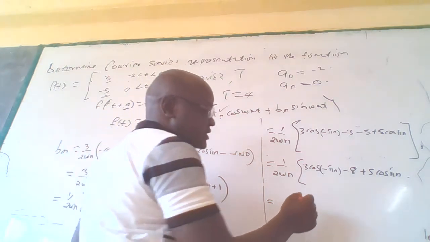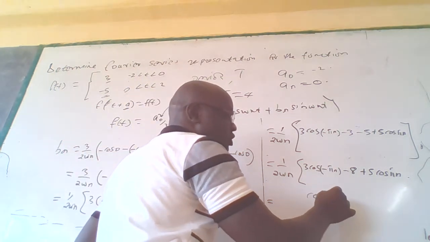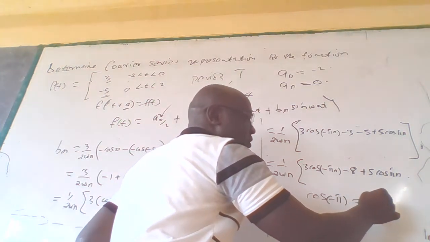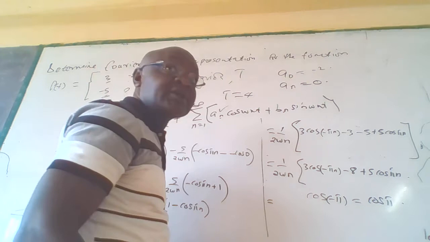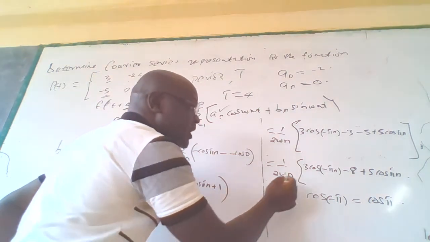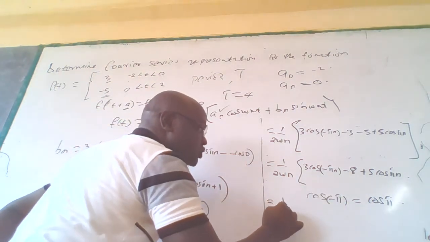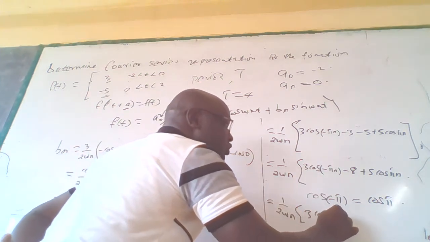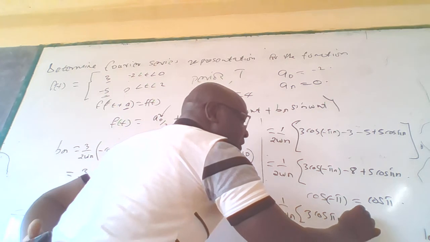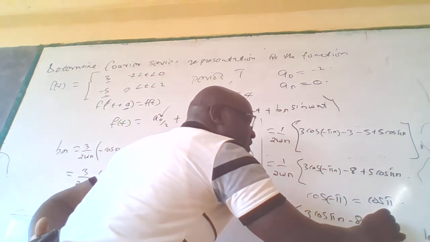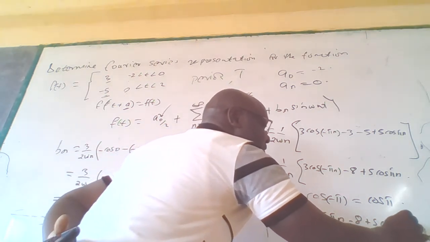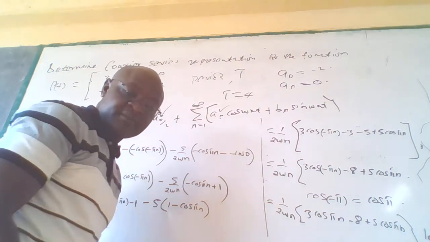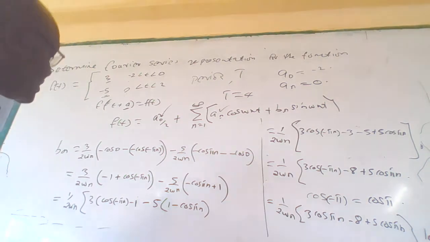So what we are saying is that cos negative pi is the same as cos pi. If that is the case, therefore, we can now write this as 1 over 2 omega n into 3 cos pi n minus 8 plus 5 cos pi n, because they are the same.